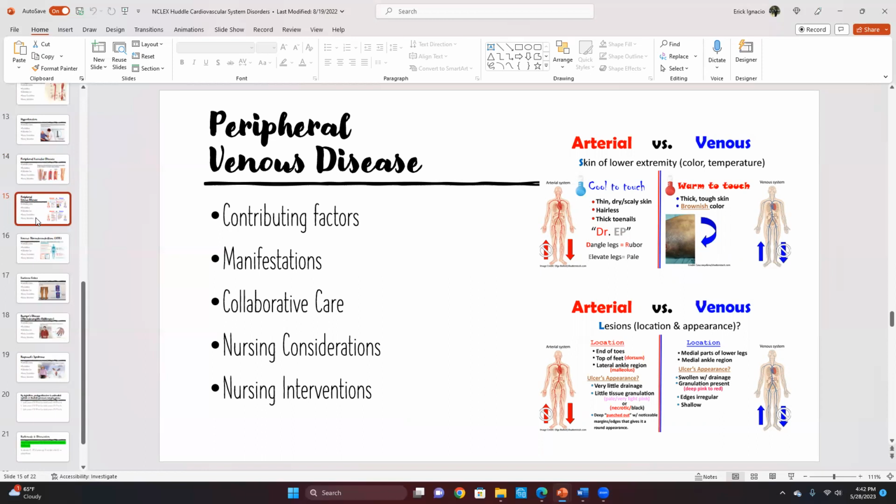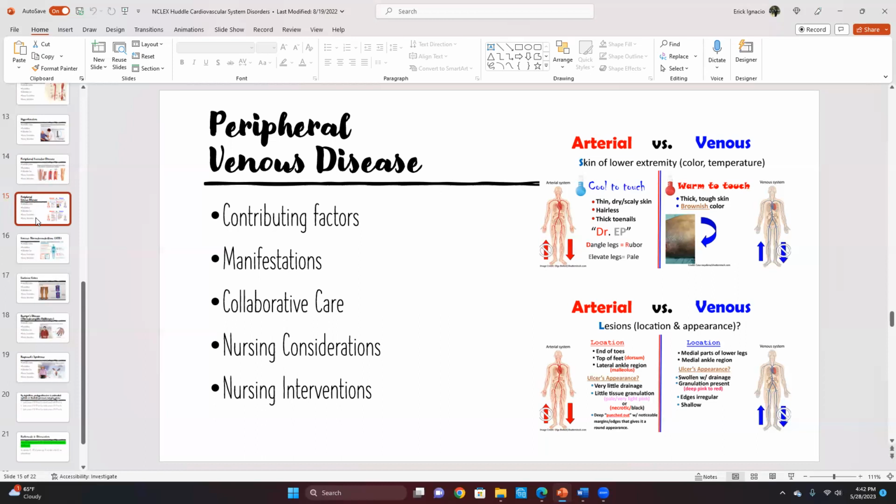So contributing factors: prolonged sitting or standing, obesity, pregnancy, thrombophlebitis. So this patient will show clinical cues of stasis dermatitis, a brown discoloration. They'll have edema. Stasis ulcers typically found around the ankles.